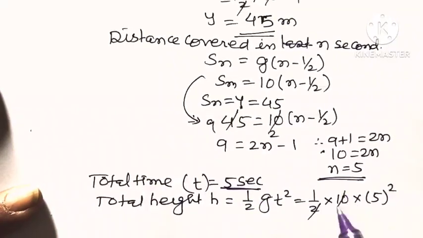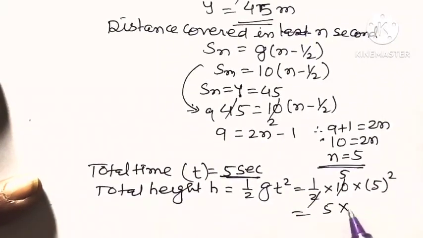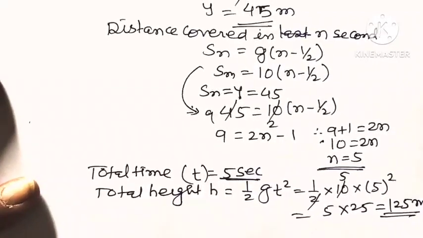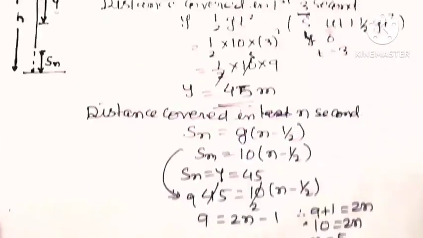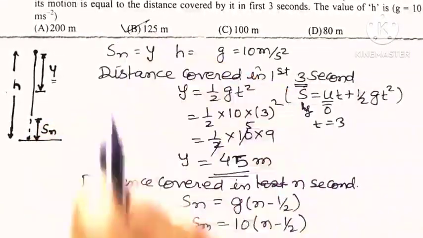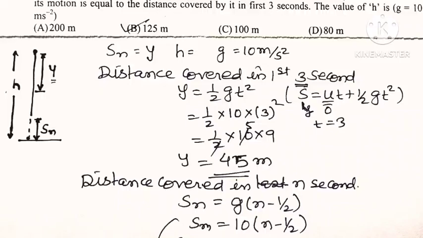So this is half of 10 into 25, so 5 into 25, so total height is 125 meter. Total height of that tower is 125 meter. So out of 4 options, option B is the correct option for this question.